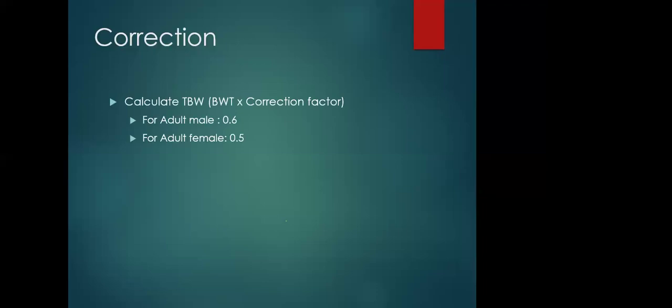Number one, you want to correct the patient's low sodium level. Know the total body water, and then know the correction factor. For an adult male, we've said it is 0.6, and for an adult female, 0.5. Now, ask yourself, what amount of serum sodium does this patient need?